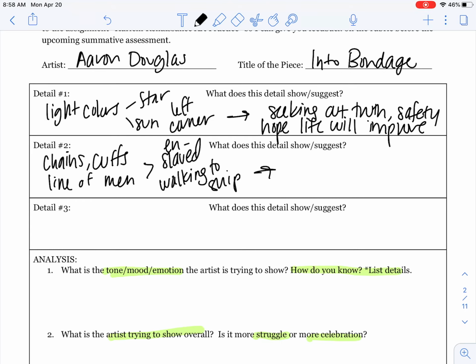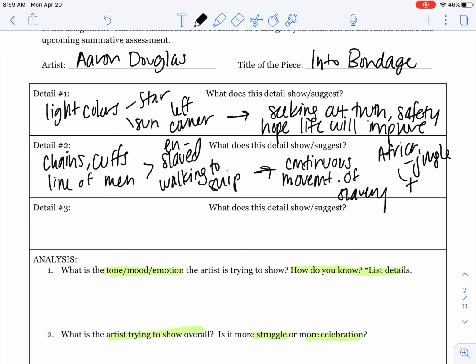It suggests this continuous movement of slavery. My assumption is that they are in Africa, given the jungle elements, and they are being taken to European countries of sorts, which was the ships.